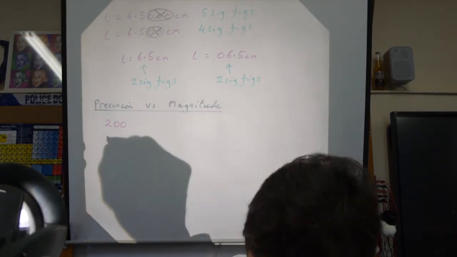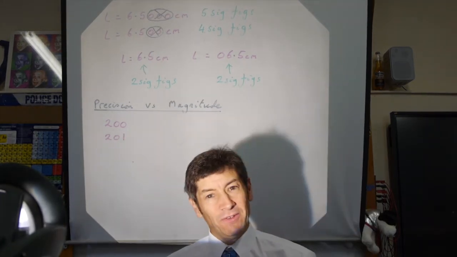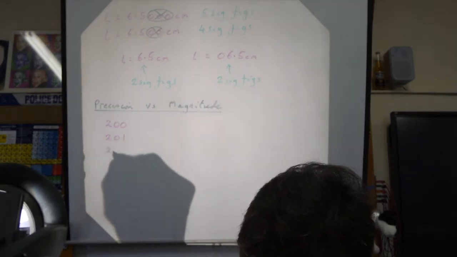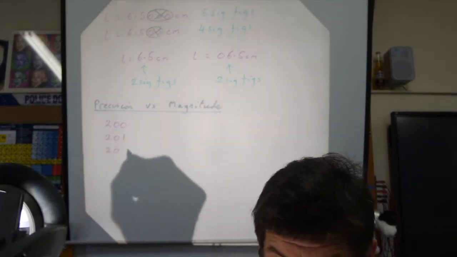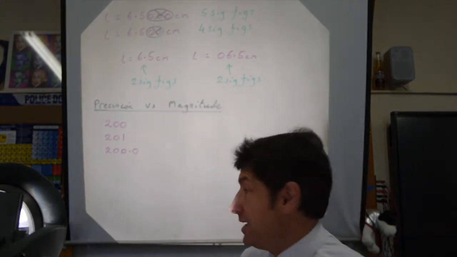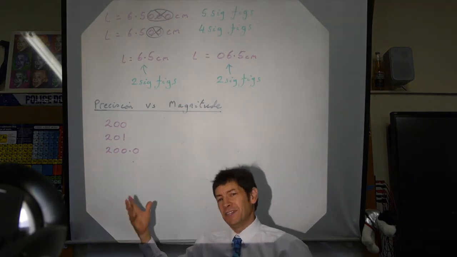But what if we got the number 201? How many significant figures is that? But then if we measure more precisely, so if we measure it as 200.0, that might scare off a few students because they might go, well, why is that 0 there?